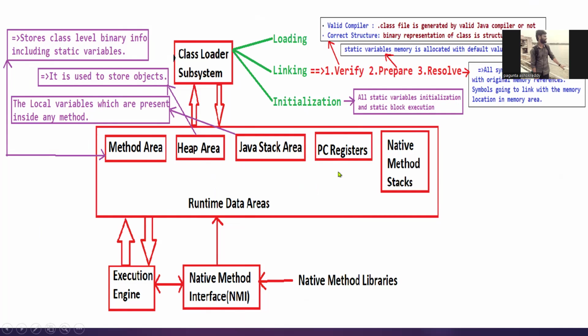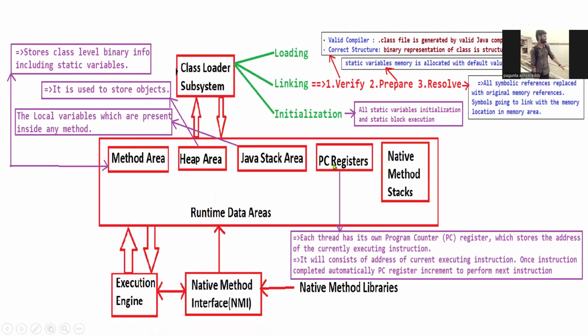Then the fourth one, as I already explained, is that each thread has its own PC register, a program counter register, which stores the address of the currently executing instruction.